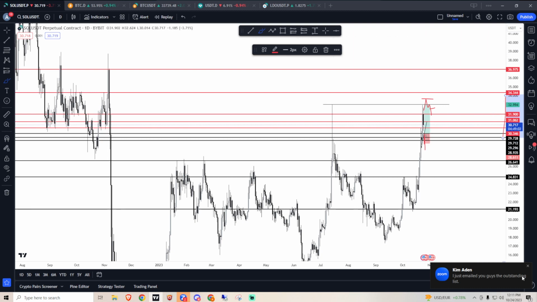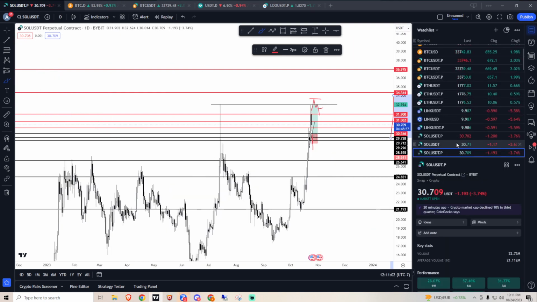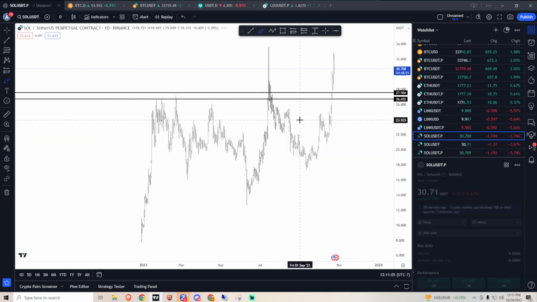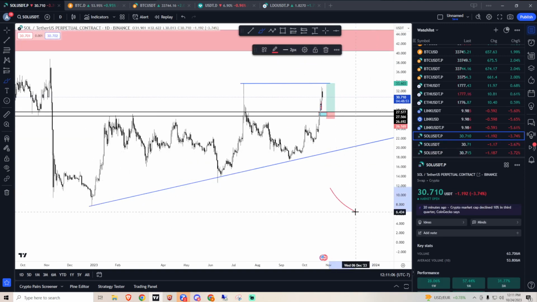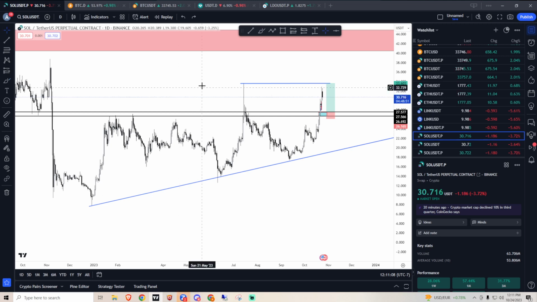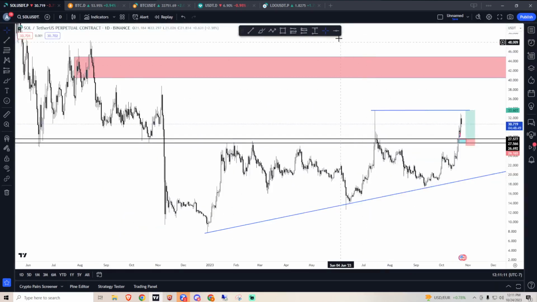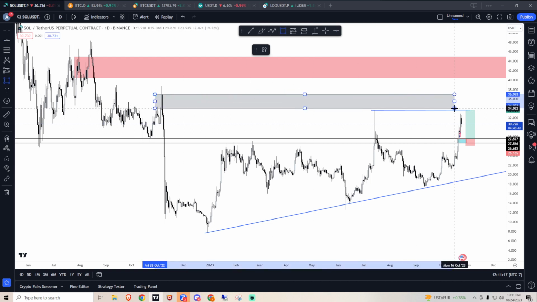Right now, if I were to go to a different SOL chart really quickly, let's do perp. I have confluence of this daily order block.